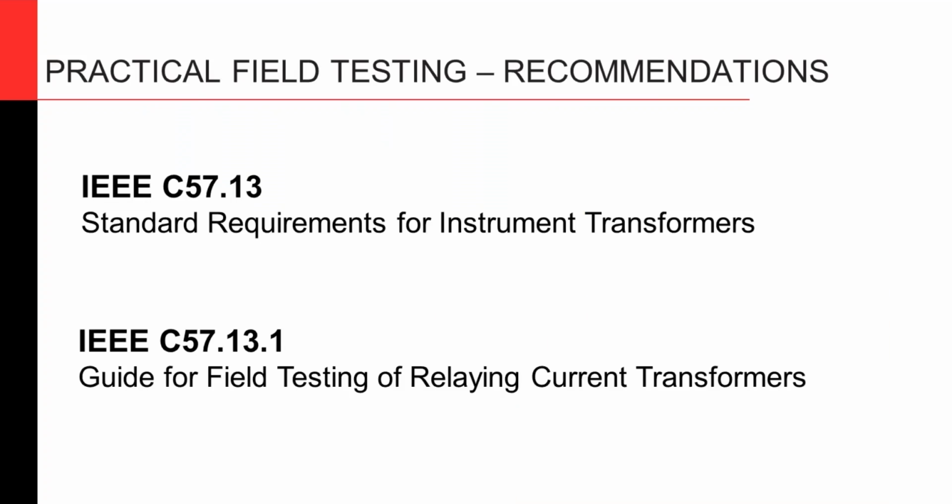The rest of my presentation is based on two things. One is IEEE C57.13, which talks about the standard requirements for instrument transformers. The other is IEEE C57.13.1, which is a guide for field testing of relaying CTs.